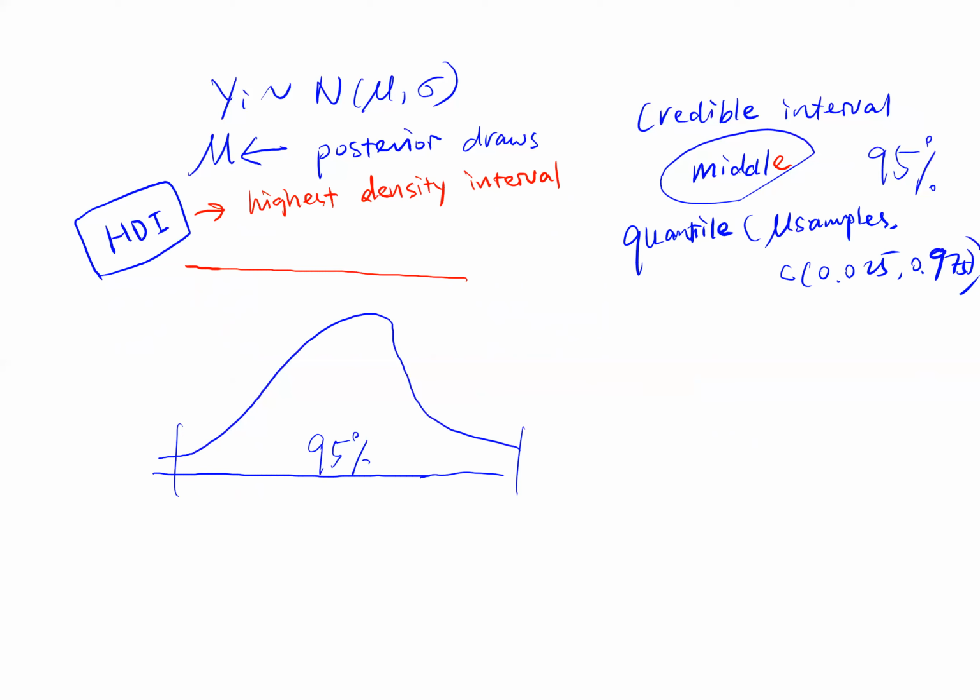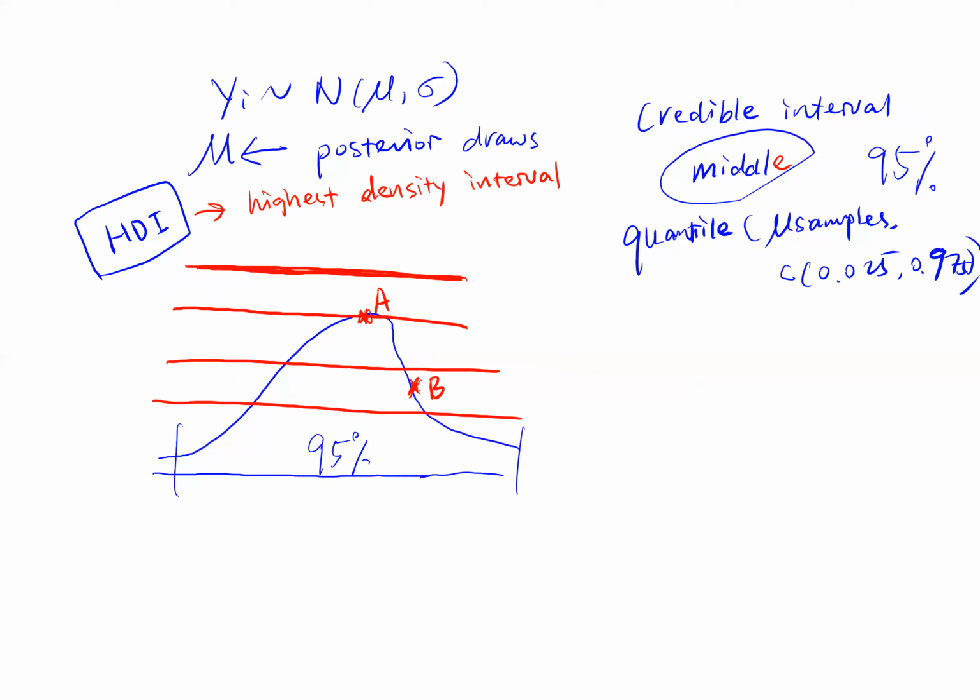So the way to get it is you have a vertical line on top, and you keep dropping it, because the density tells us that the taller the density, say this point A has a higher density than B. So the way you get this HDI is you have this horizontal line and keep dropping it, and you stop when you get exactly 95% above.